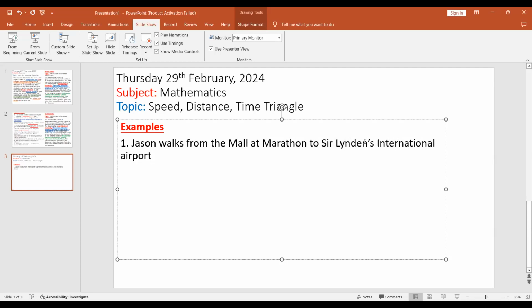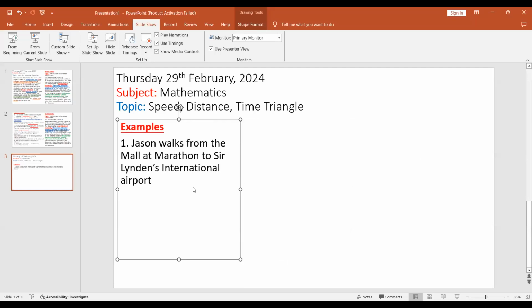Now, if you're walking from the mall to the airport, how long do you think it's going to take you? Very, very long. About 3 hours, right?